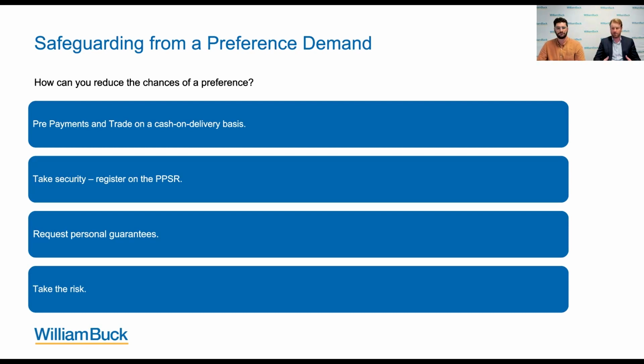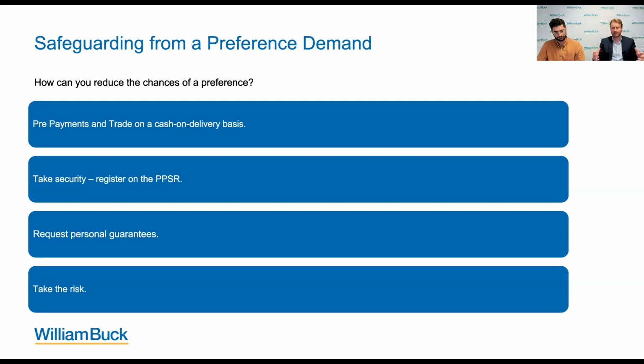Taking a step beyond the company and seeking personal guarantees from senior personnel, directors, stakeholders to give you that added layer of confidence that if you do suffer a loss through a preference payment being clawed back, you do have that secondary option of pursuing the person individually for that loss.